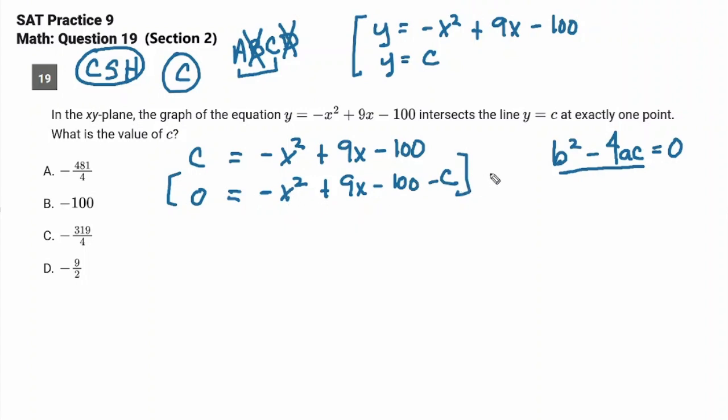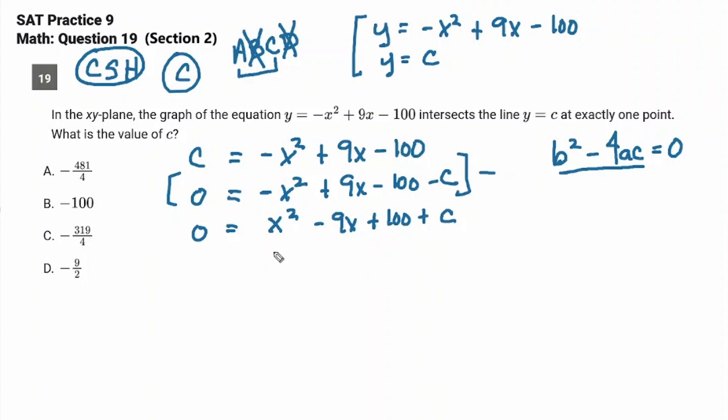So I'm going to divide through by a negative, and I'm going to get 0 equals x squared minus 9x plus 100 plus c. Okay, got a quadratic equation.